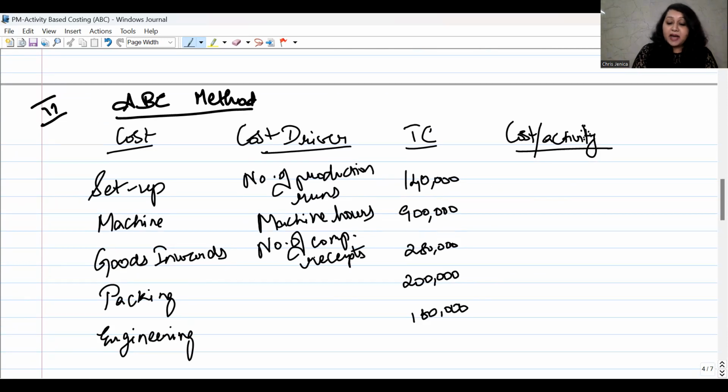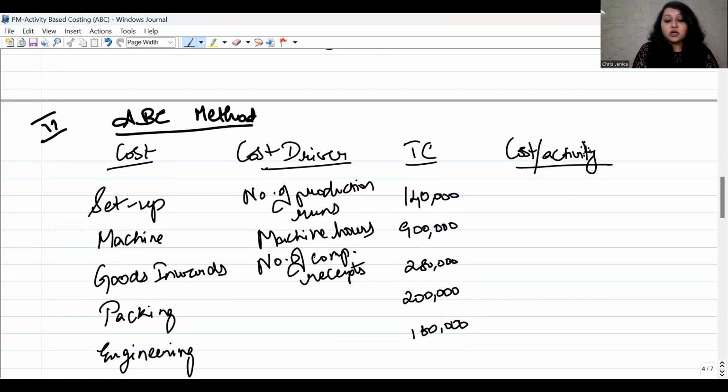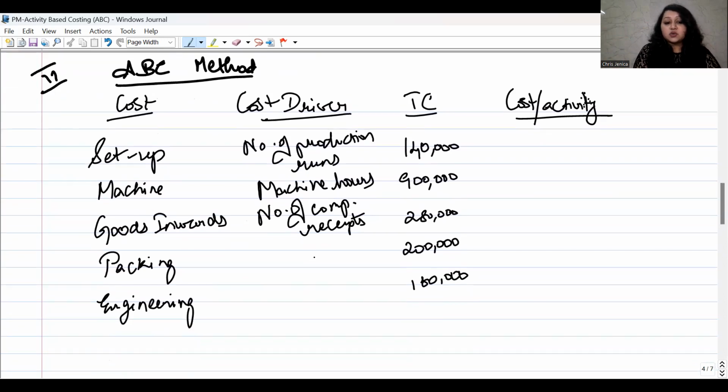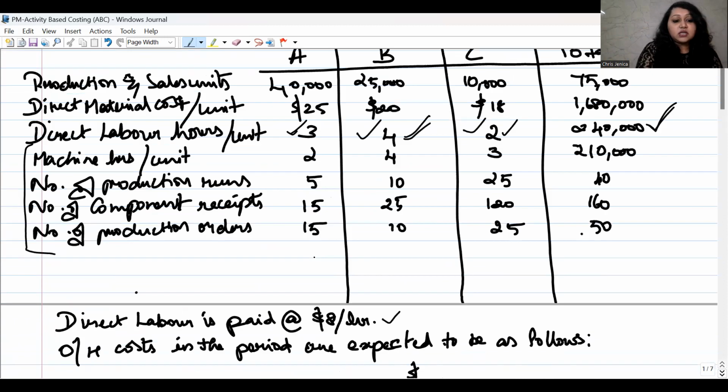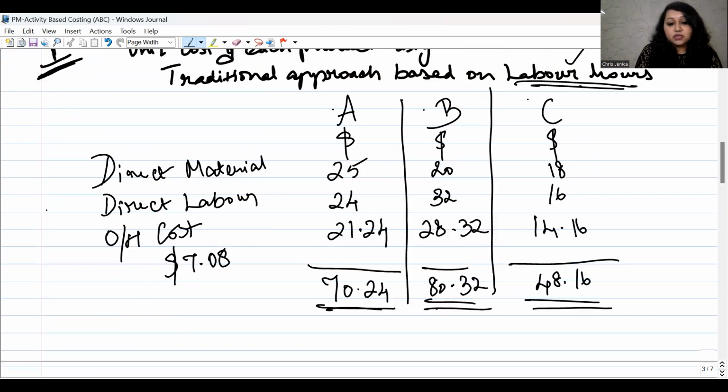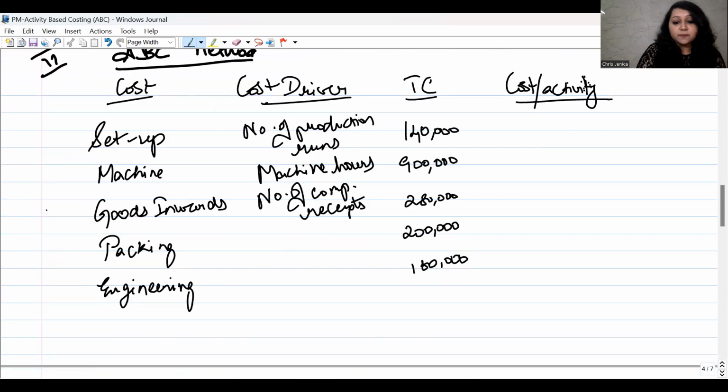Now you have packing and engineering. Packing is based on the number of orders that you have produced. You cannot pack something that you have not produced, right? So the number of production orders, and engineering is also based on your production. So these can be based on the number of production orders. So these are the cost drivers that we have identified.